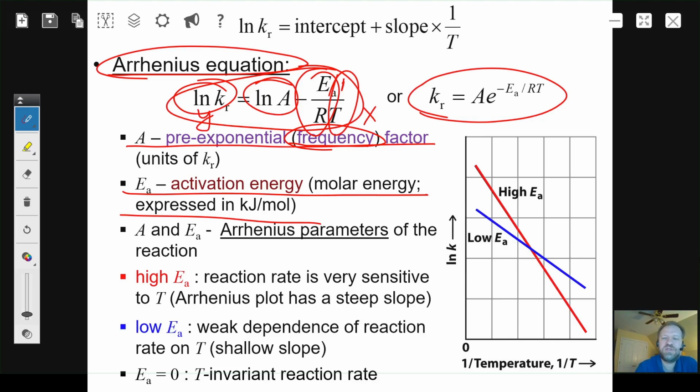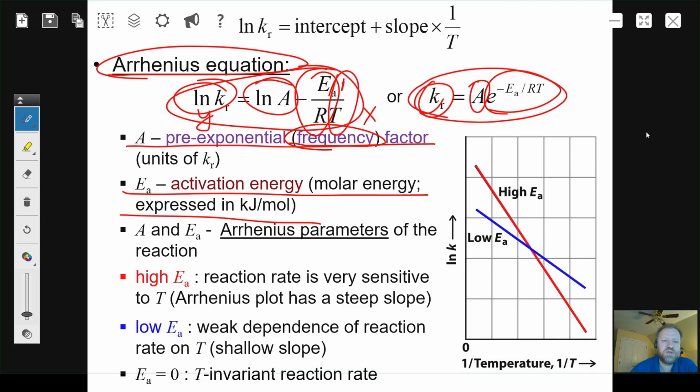In fact, you can see from the exponential form of the Arrhenius equation that the pre-exponential or frequency factor A has exactly the same unit as the rate constant k, because the exponential term, of course, is dimensionless.